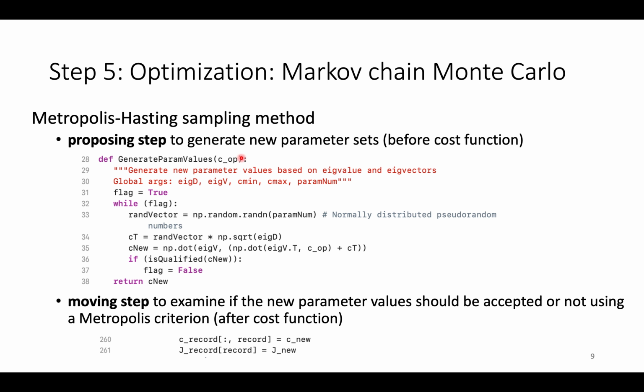Cop variable is the current accepted parameter values, and the return value, CNew, is the newly generated parameter values. The moving step is to estimate whether these new parameter values should be accepted or rejected based on the Metropolis criterion. Newly accepted parameter values will be saved into the C record array. The corresponding mismatch between observation and simulation outputs will be saved in the G record array.